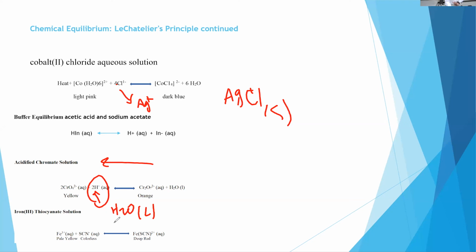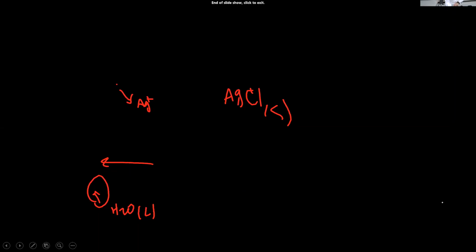If it changes to a pale yellow color, that means the equilibrium shifted to the reactant side. If it gives a more deep red color, it means the equilibrium shifted to the product side. So please write your observations using more scientific terms about chemical equilibrium and Le Chatelier's principle.